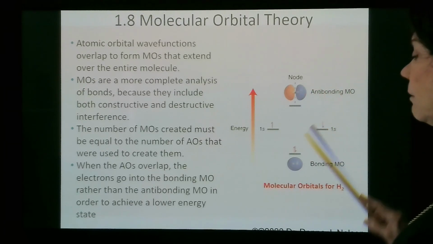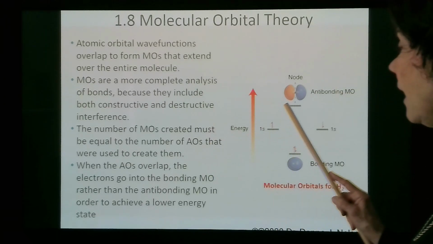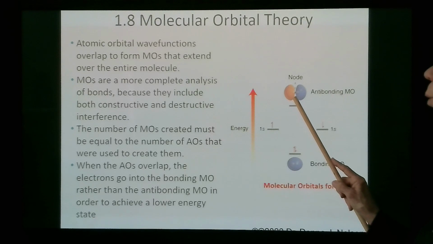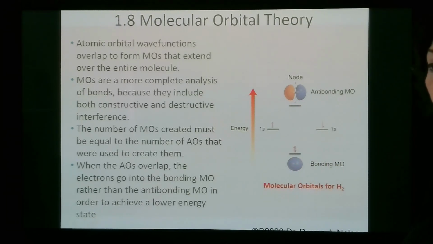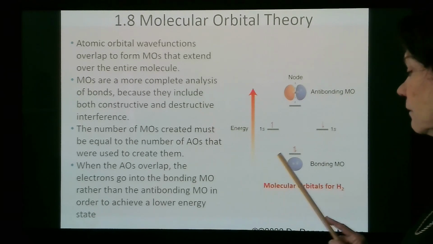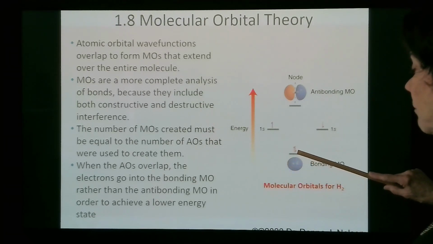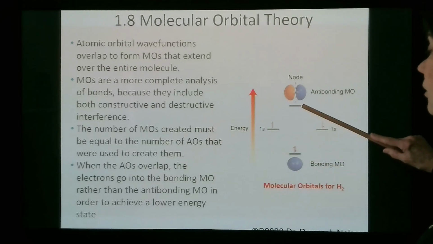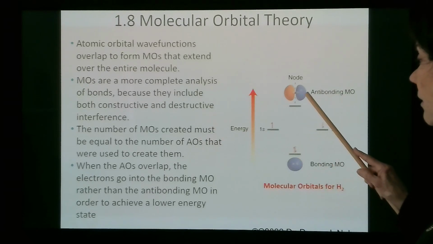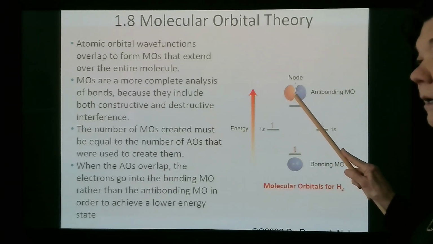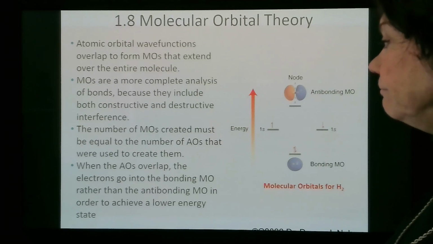And the anti-bonding molecular orbital is not populated. Populating the anti-bonding orbital will cause the corresponding bond to break. Each bonding molecular orbital will have a corresponding anti-bonding molecular orbital, and if you want to break this bond, you populate the anti-bonding orbital.